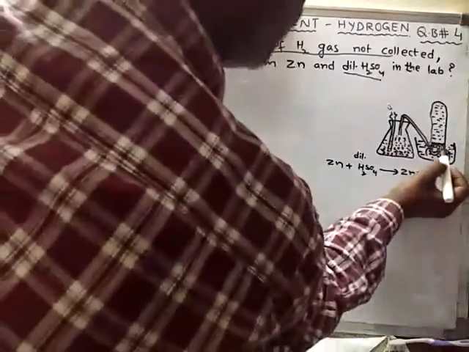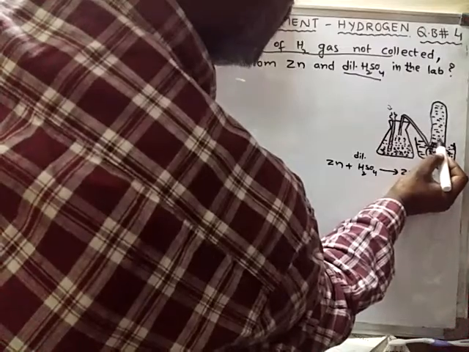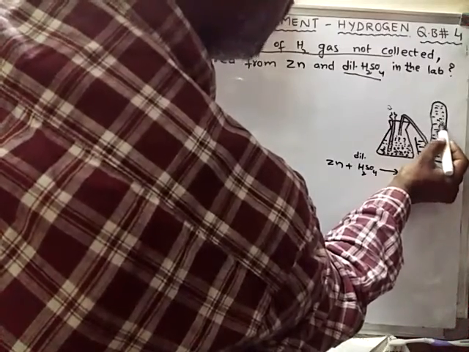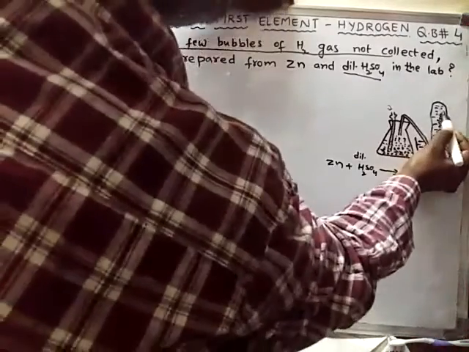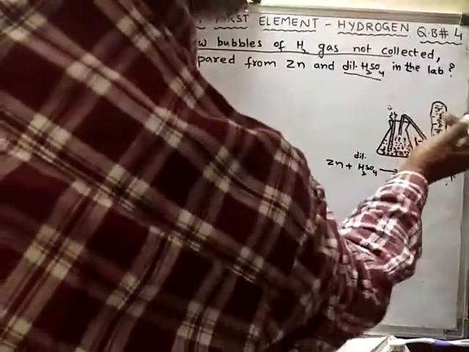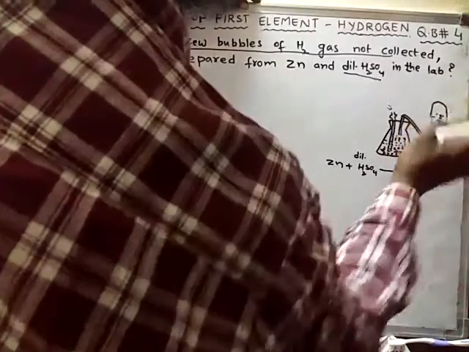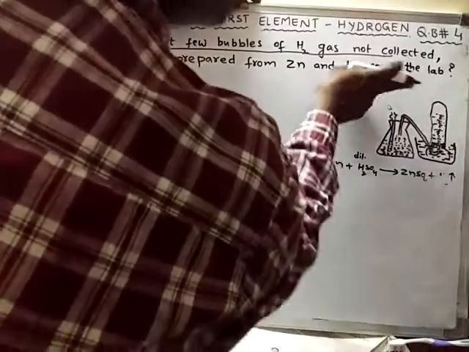Now the hydrogen gas bubbles will enter into it, and finally the hydrogen will occupy the top of the gas collecting jar.